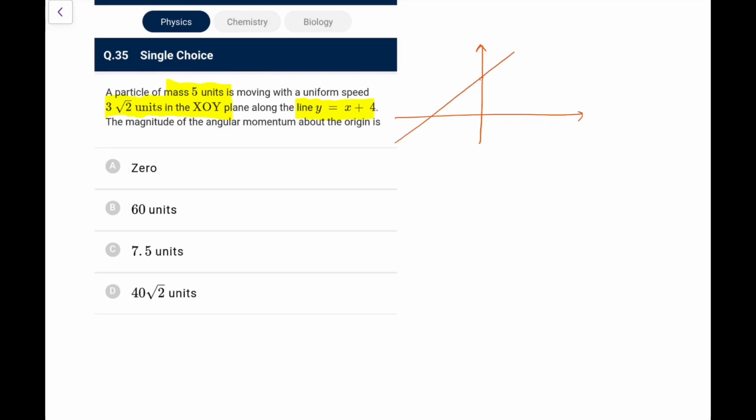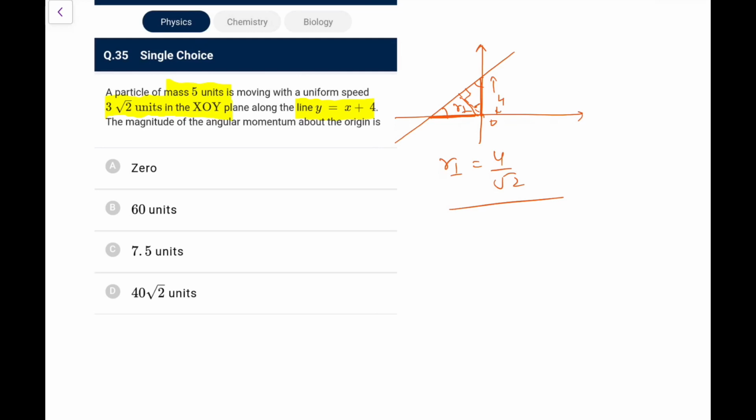Okay, so I can find out this r perpendicular from here. How can I find it? This distance is 4, this distance is 4, this angle would be 45, this is 45, this would be 90, so this will also be 45. Because this distance is 4, we can make out r perpendicular would be equal to 4 by root 2, just by basic trigonometry.